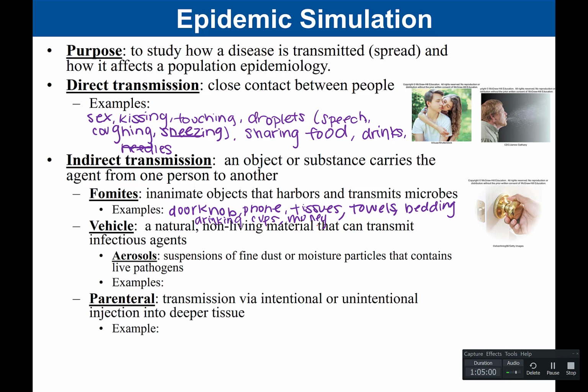If you go to the grocery store and you touch the cart and you touch the food items and you touch the keypad when you use your credit card, all of those types of touching, you're touching fomites. And now if you touch your face, your eyes or your mouth or your nose, you've potentially transmitted that microbe to yourself.